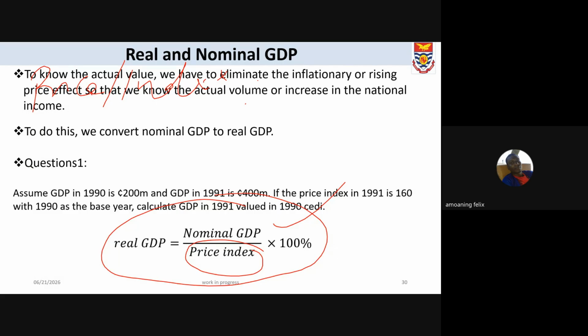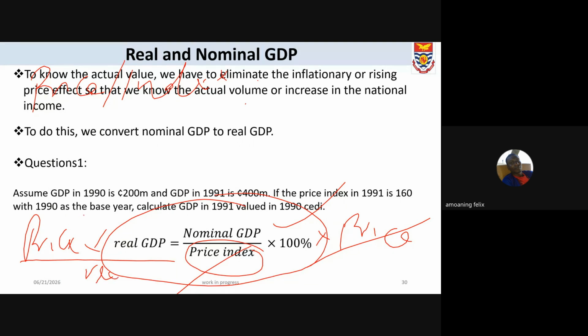For me to do that, I can multiply through by the price index on both sides. Because I want the price index to stay alone, I'll divide through by the real GDP, here also. So my price index or price deflator is going to be my nominal GDP over my real GDP times 100.